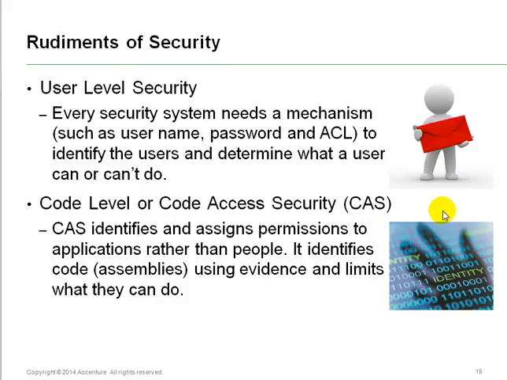Similarly, we need to identify pieces of code, often called assemblies in .NET, that do certain things, and we need to assign them permissions and restrict what they can do. So let's take a look.